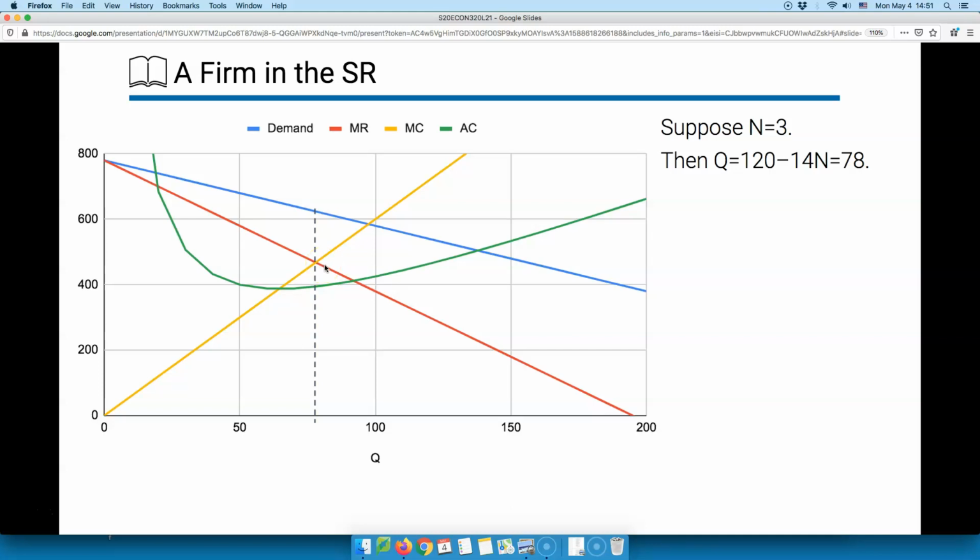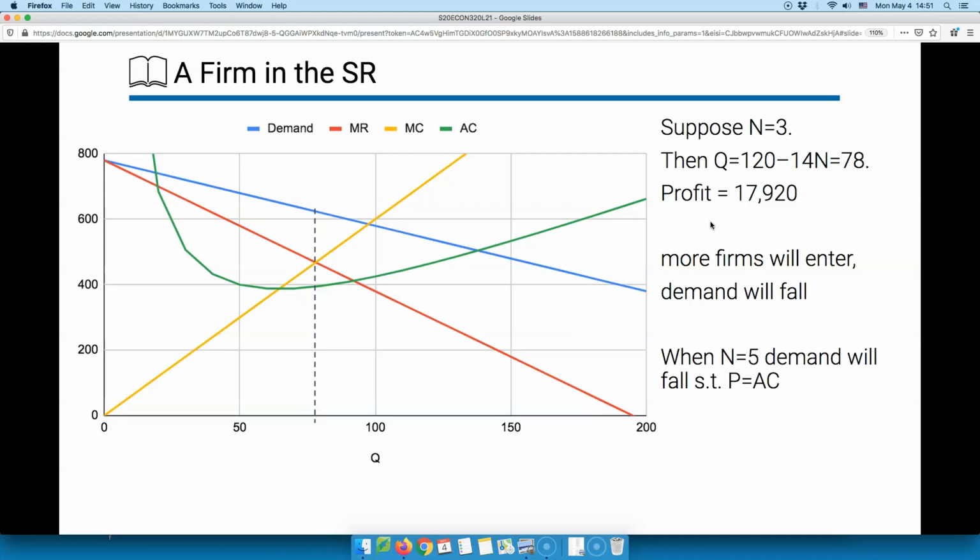Okay, so let's see what's going on with the firm's profits in the current example before we switch to more firms in the industry. Currently, the positive profit is almost $18,000. Because the profit is positive, more firms will enter, demand will fall, and ultimately the demand will fall to the extent that the margin between the price and the average cost and the profit maximizing output will shrink to 0.